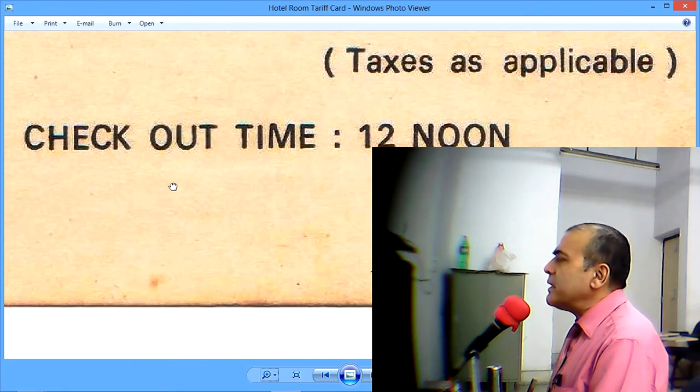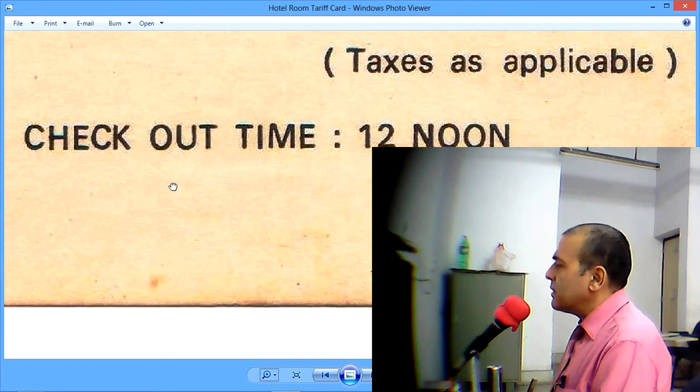How much payment depends on how much extra you stay. If it is up till 6 o'clock, then maybe you can just pay 50% of the tariff and get away with it. The hotel will not ask you for full day's tariff.